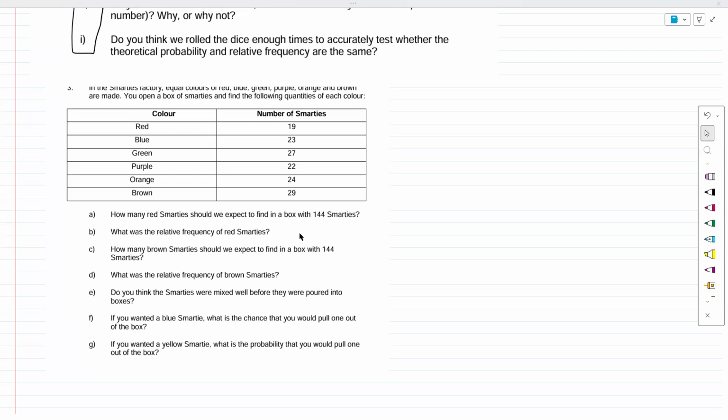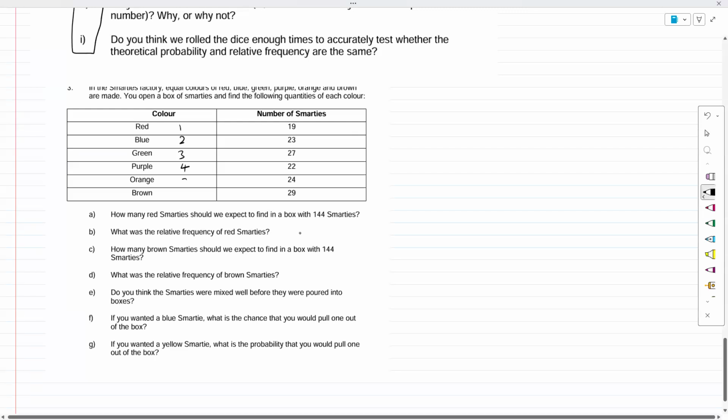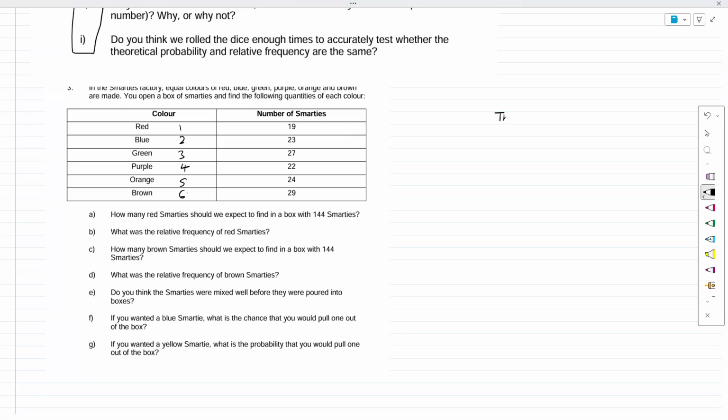Okay, so this question is quite simple, right? Let's start off with the numbers first. There's 1, 2, 3, 4, 5, 6. So the theoretical probability of this box of any color would be 1 out of 6. So if we're dealing with 1 out of 6, it's quite simple.